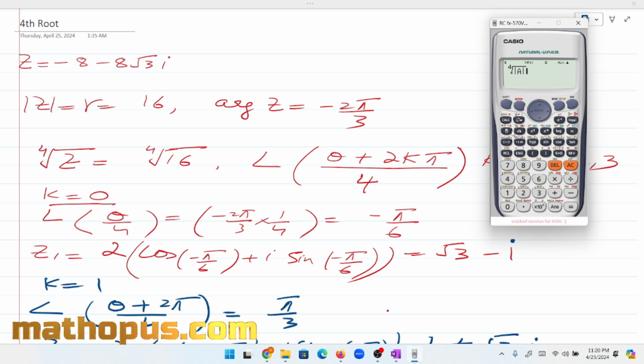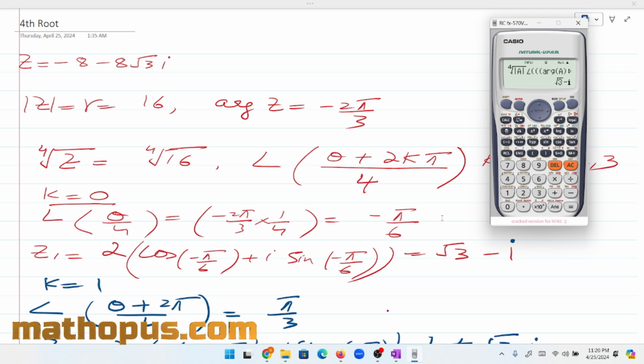Shift angle sign, 3 brackets, then shift complex menu. From there we pick the argument of the stored complex number and bracket close. Then first of all we substitute k equals 0, so we have plus 0, and then bracket close, divided by 4, because this time we have the fourth root.